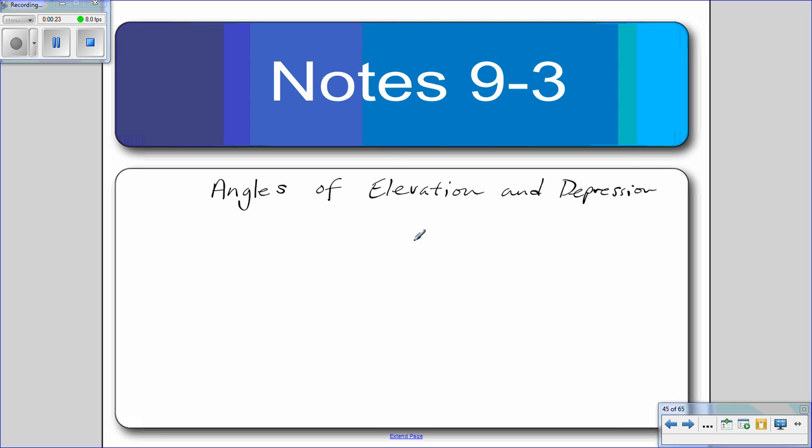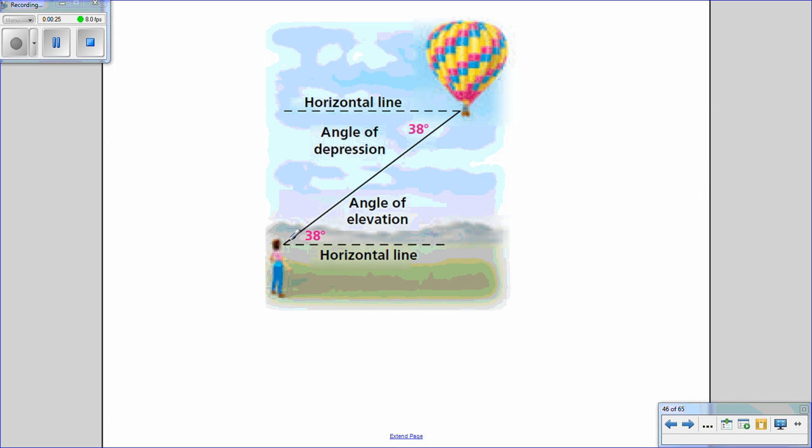All right, real simple. An angle of elevation is if you're looking up at something. It is the angle that is created with a horizontal line at your eyes. So this lady here is looking up at the hot air balloon, and this angle created by her line of sight and a horizontal line from her eyes creates what's called an angle of elevation.